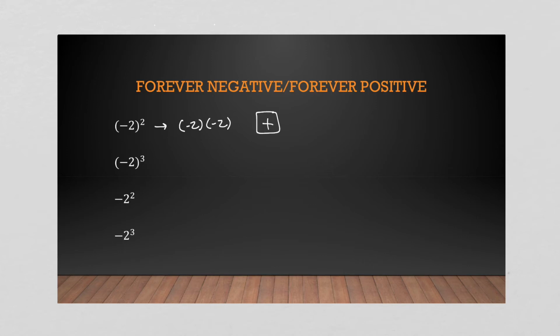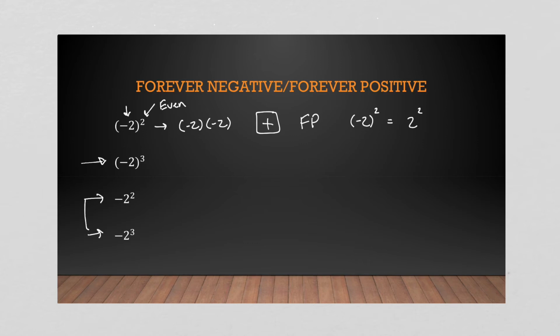So if you have a negative in brackets to an even power, 2, 4, 6, 8, 10, any of those, the answer is always going to be positive. It is going to be forever positive, which means we could write this as this, because they have the same value in the end. Now we'll come back to this in a minute, because first we want to look at these two here.